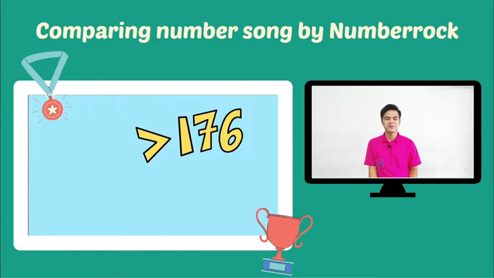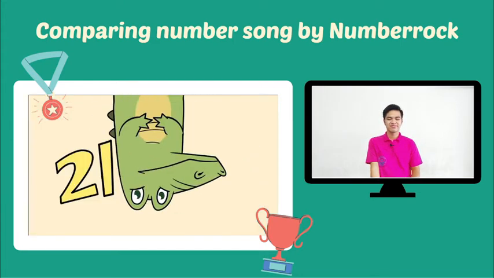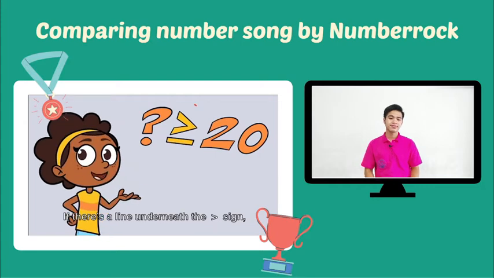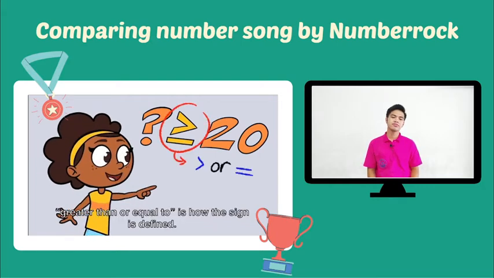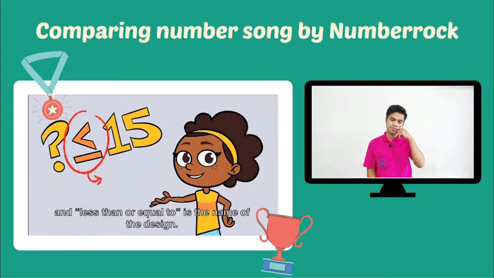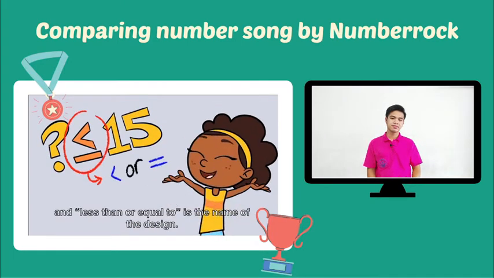The number that is least is never part of his feast. If there's a line underneath the greater than sign, greater than or equal to is how the sign is defined. I'll write a line underneath the less than sign, and less than or equal to is the name of the design.